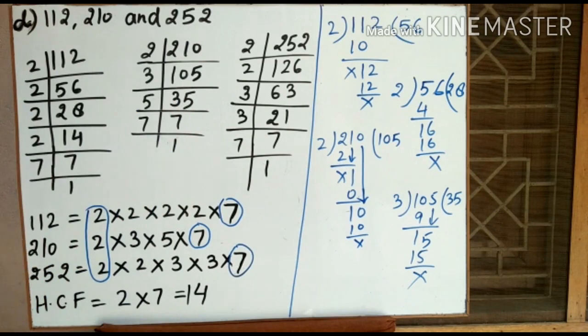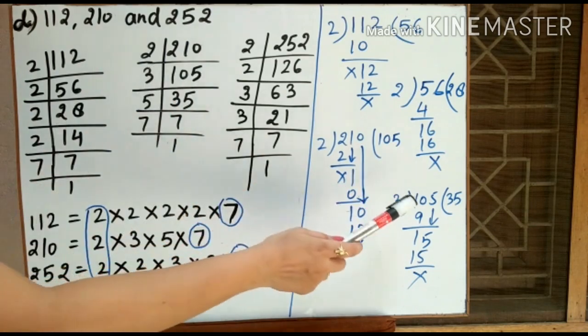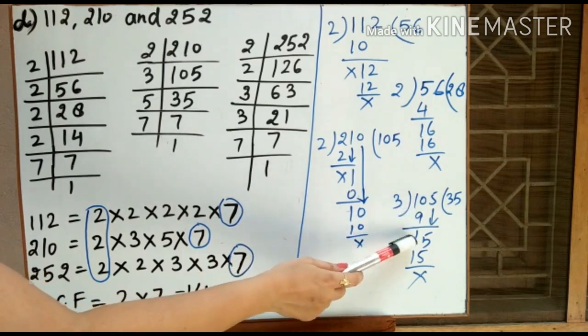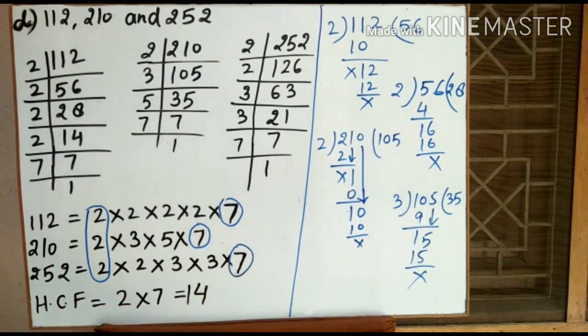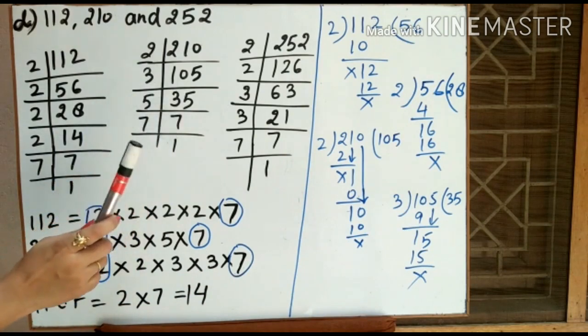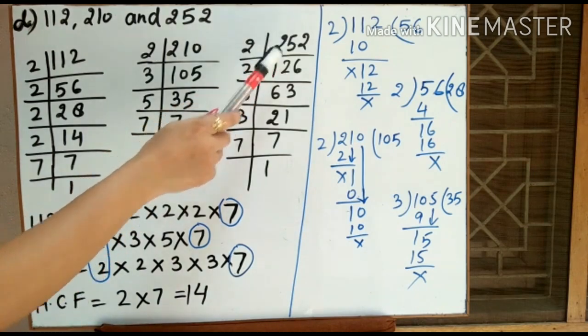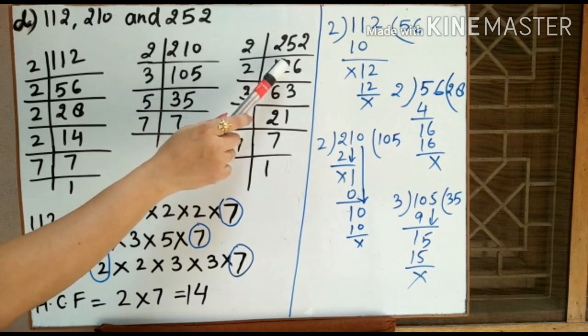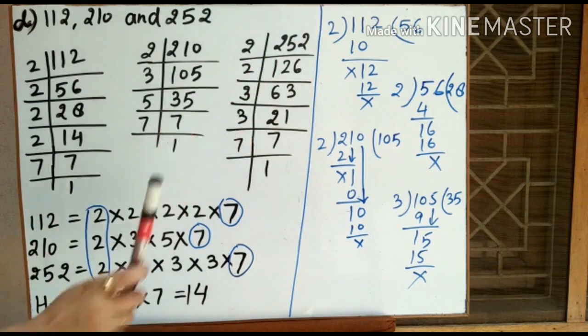And 105 can be divided by 3. How? Let's see. 3 3 ja 9. 10 minus 9 is equal to 1 and 3 5 ja 15. Write here 35. 5 7 ja 35 and 7 1 ja 7. Next 252. 2 1 ja 2, 2 2 ja 4 and 2 6 ja 12.